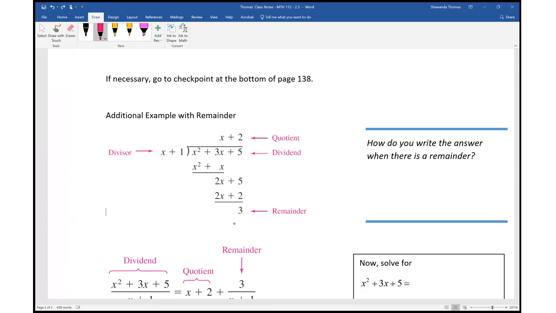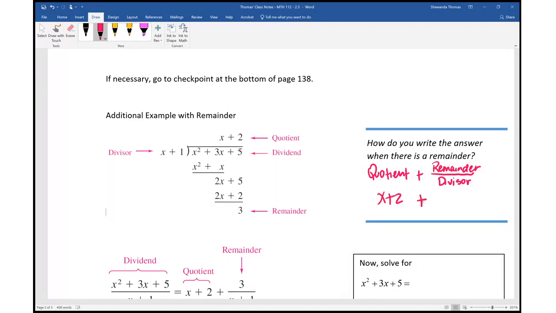Now, how do you write the answer when there is a remainder? There is a special way you have to write it. You write it as the quotient plus remainder over divisor. So the quotient here is x plus 2.